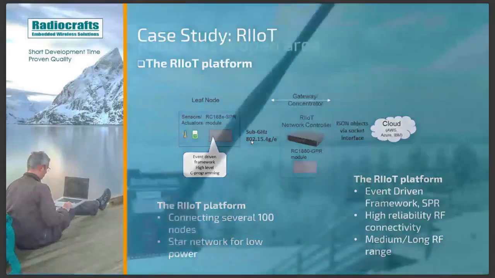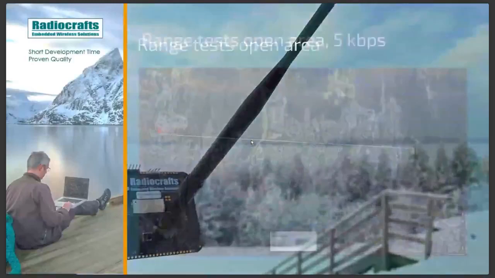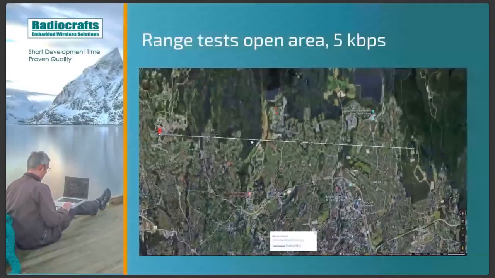We have been out doing some range measurements in an open area to get a feeling for that. We went to the outskirts of Oslo and found two places where we can actually see each other. It's not a perfect line of sight because the ground was pretty close to us, but at least we can see between the two sites.